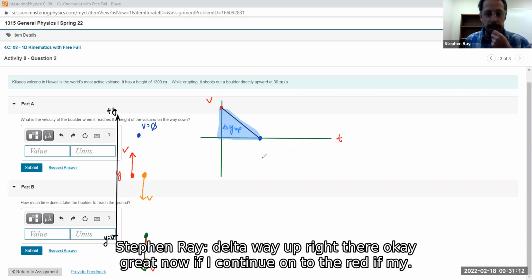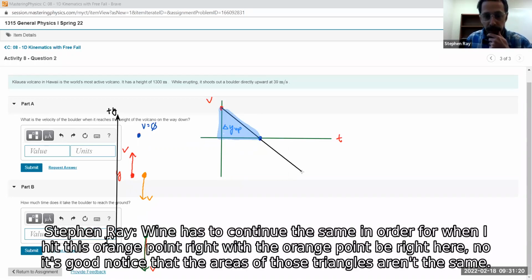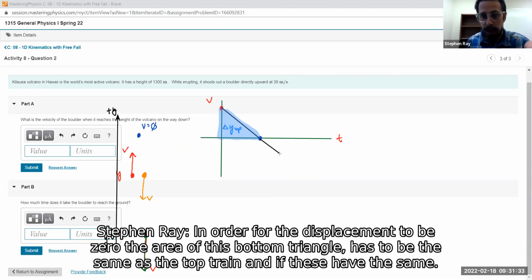Now, if I continue on, the line has to continue the same. Would the orange point be right here? No, it couldn't. Notice that the areas of those triangles aren't the same. In order for the displacement to be 0, the area of the bottom triangle has to be the same as the top triangle.